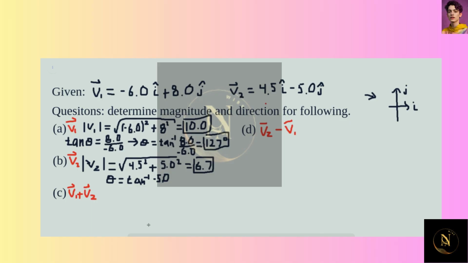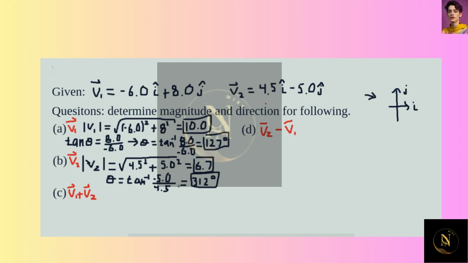Not 50, 5.0, so make sure we have a decimal place in there. And then divided by 4.5. If you do this calculation, this comes out to be 312 degrees.